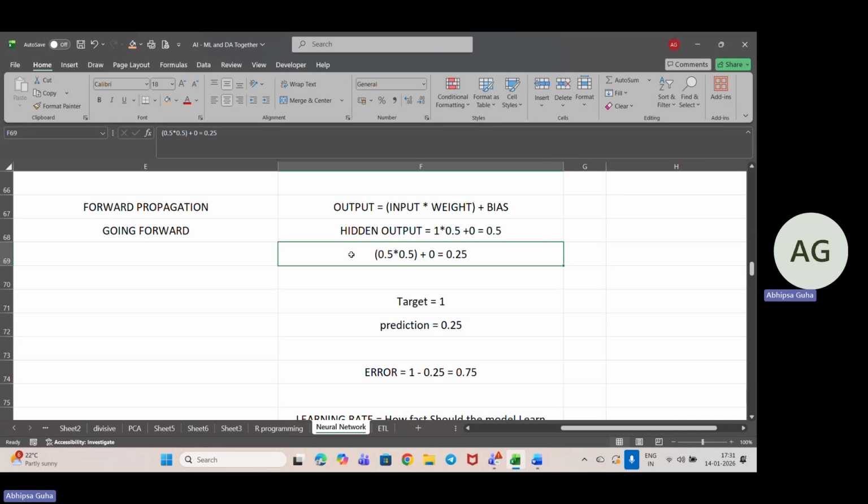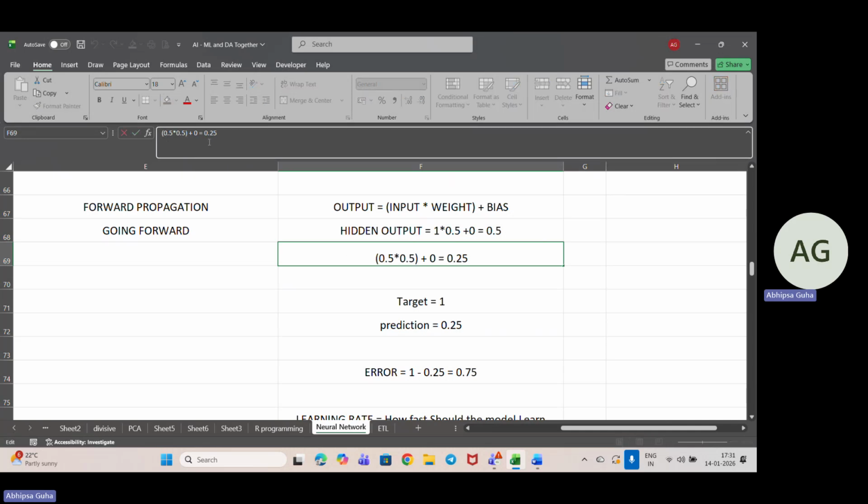This is coming from the outer neuron calculation. As we have two weights, two biases, there are two neurons with specific different weights. So this is the outer neuron calculation that we have done.